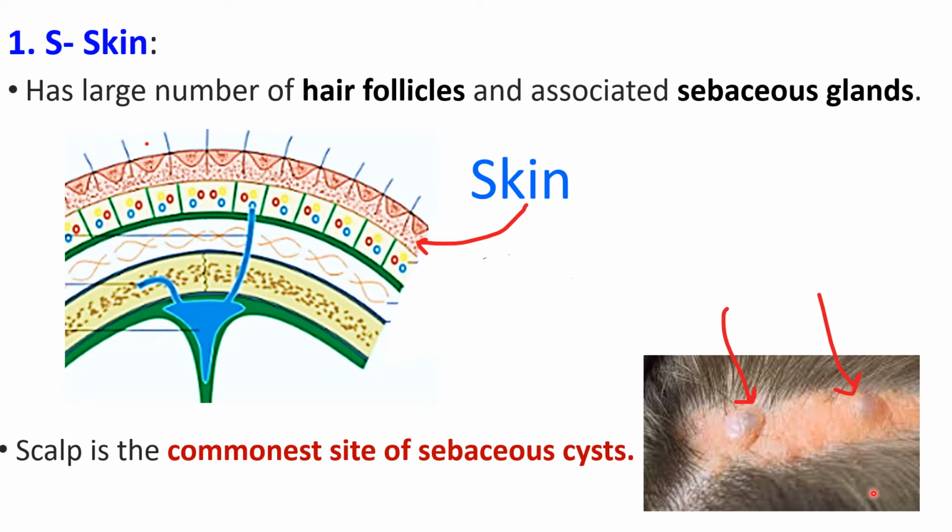Sebaceous glands produce a lipid rich substance known as sebum, and because of some infection, if their drainage is blocked, that will lead to accumulation, and they will form the sebaceous cyst which look like this on the scalp. So that is skin. Skin is thick, hairy, lots of which glands? Sweat as well as sebaceous gland, and commonest site of sebaceous cyst.